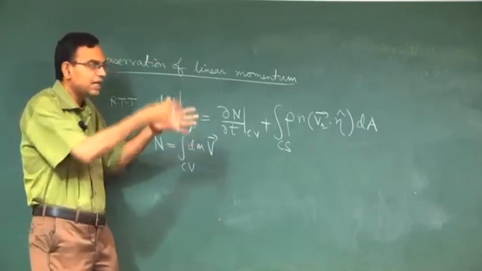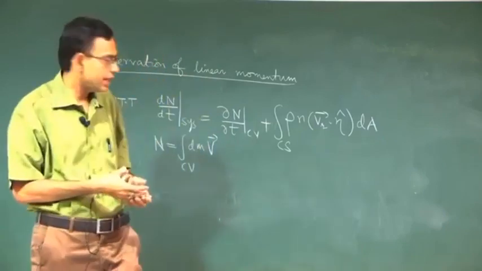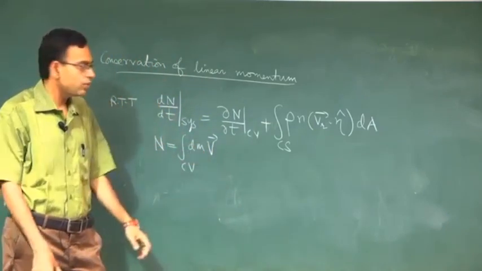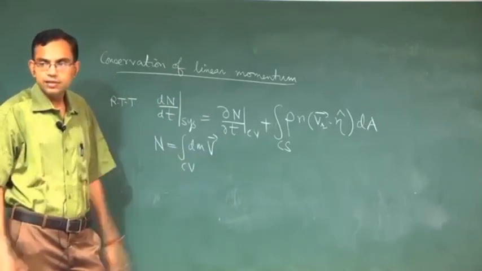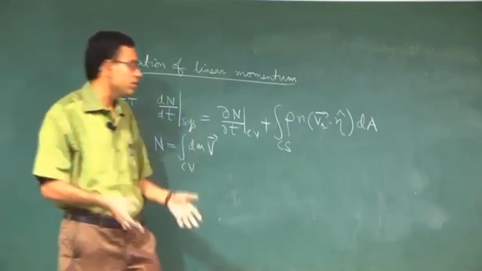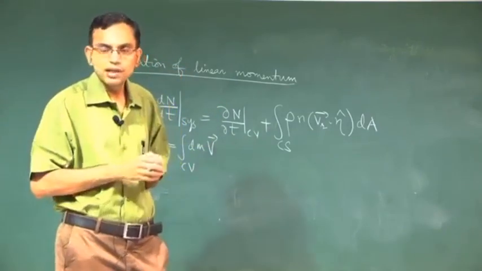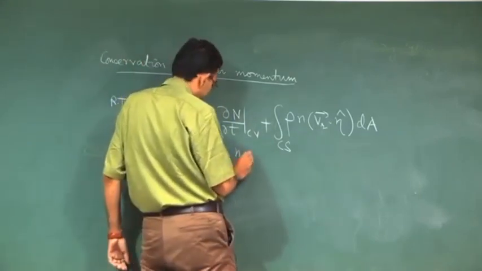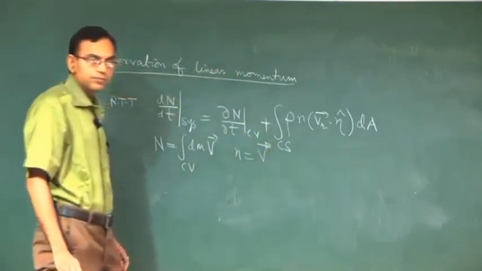So, it is not that the entire system is having a common velocity. That is why this integral form is the more fundamental way of writing it, although if you write it as mv, not that the sky is falling on your head, but you have to keep it in mind that this is what you essentially mean. So, small n is this per unit mass, so this becomes the local V.